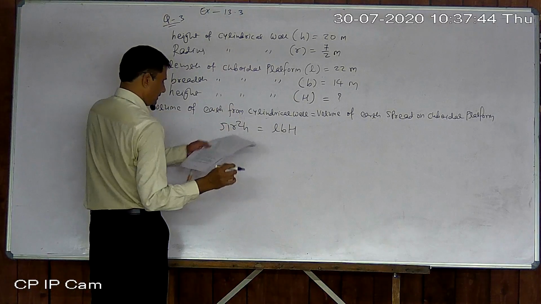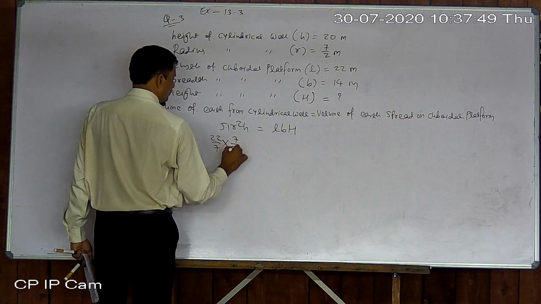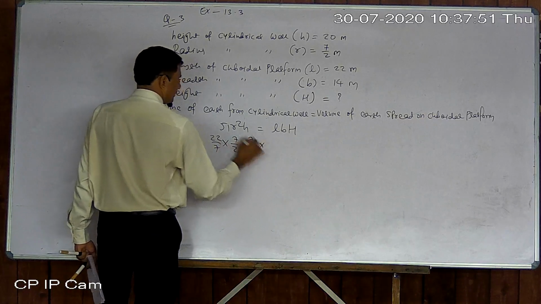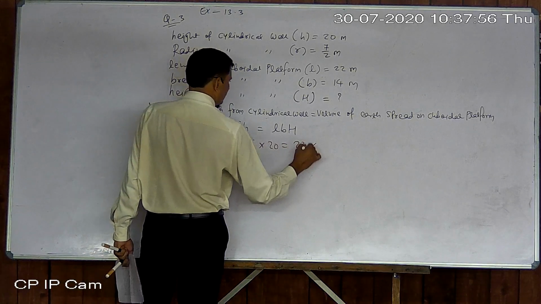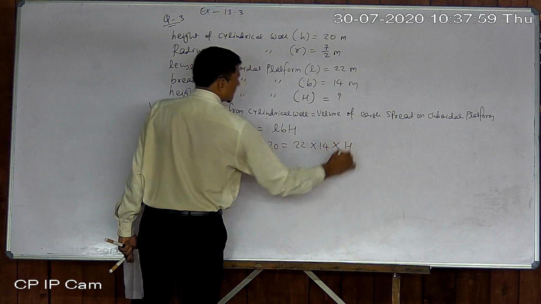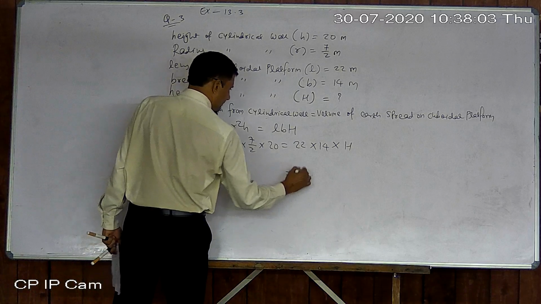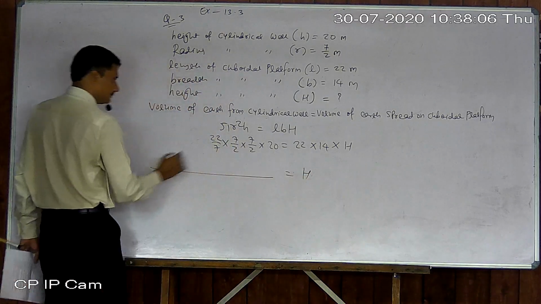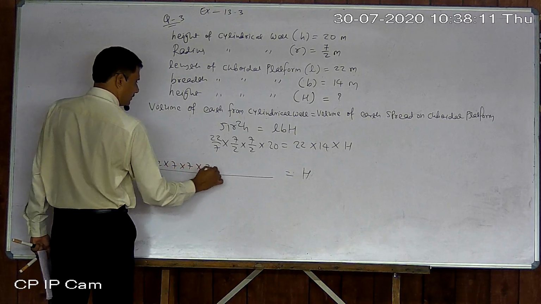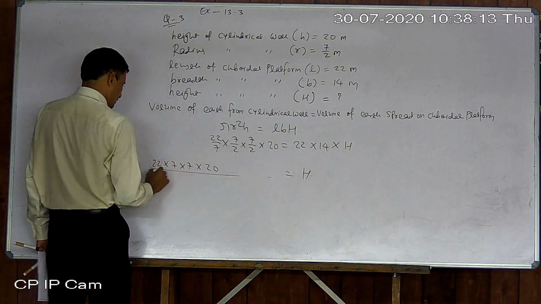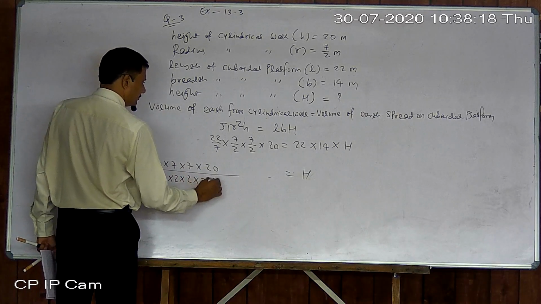So 22 by 7, r is 7 by 2, again 7 by 2, and into 20, is equal to 22 into 14 into H. Shift everything to the left side: 22 into 7 into 7 into 20 over 7 into 2 into 2 into 22 into 14.